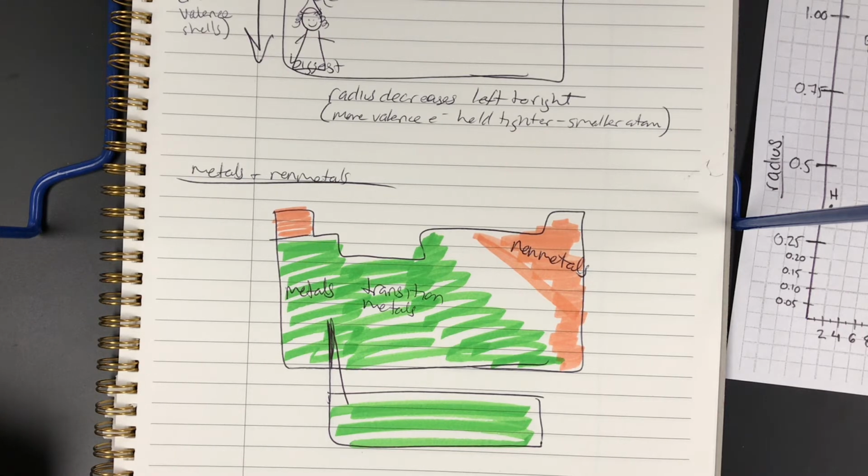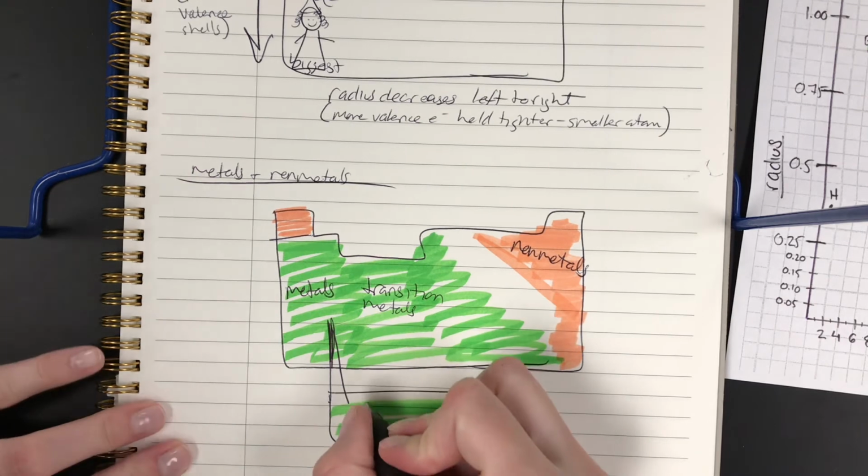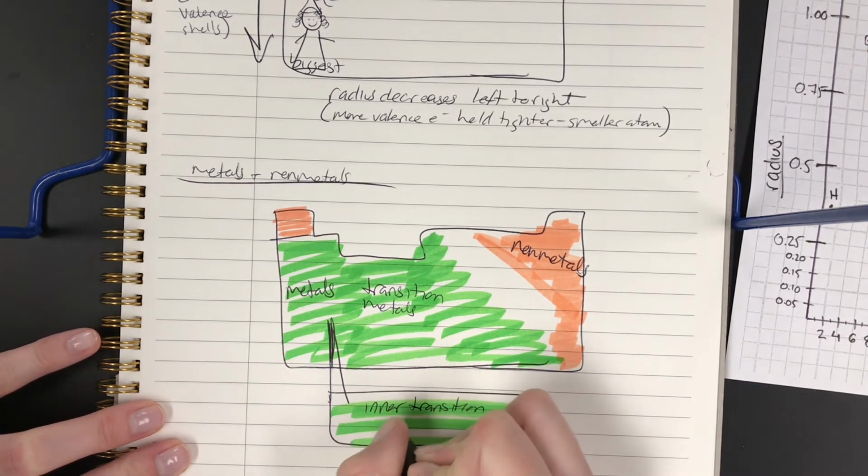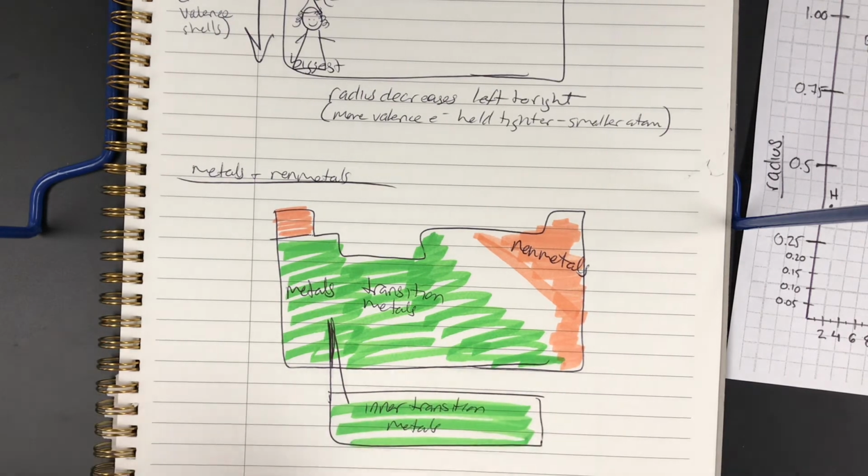Oh, lanthanum? That would actually be one of these down here, which we call inner transition metals. Many of them tend to be radioactive, which means the balance between protons and neutrons in their nucleus is not very stable, so they tend to fall apart. When the nucleus falls apart, that's what we call radioactivity.